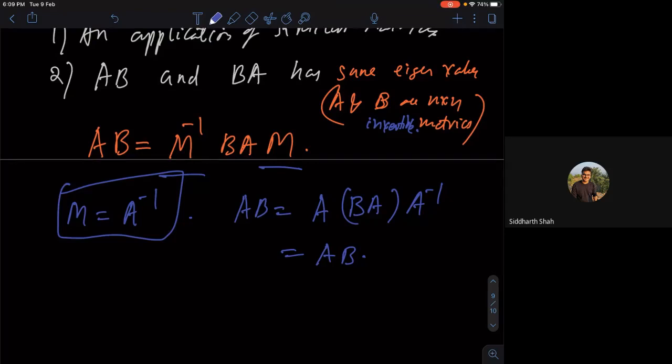Okay, so we can pick M to be A inverse, and that's good. That gives me that AB and BA have the same eigenvalues as long as both are invertible matrices, let's say. Now I could have even taken M to be B, because M inverse is B inverse, and B inverse times BA times B gives me AB.